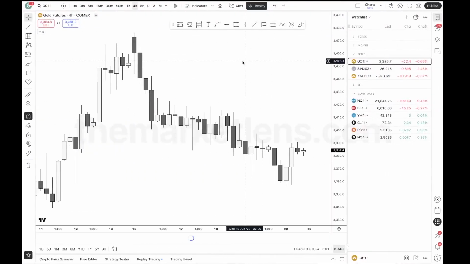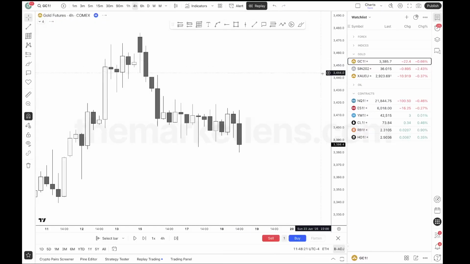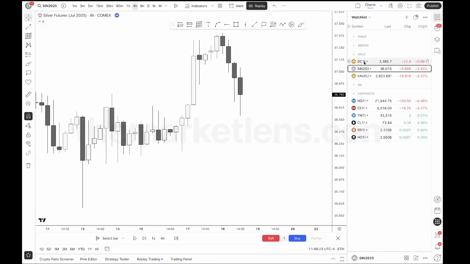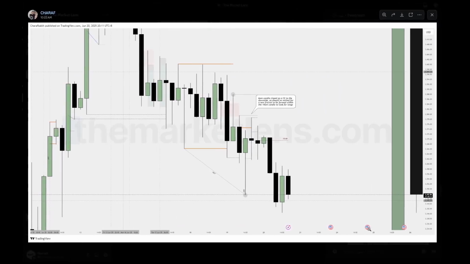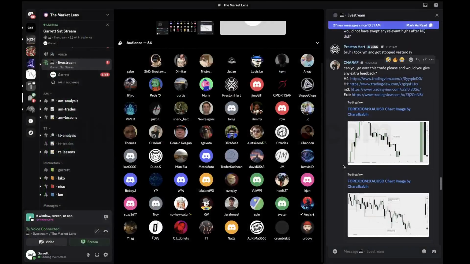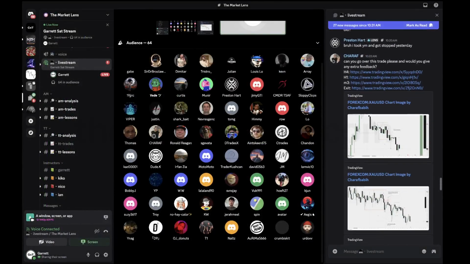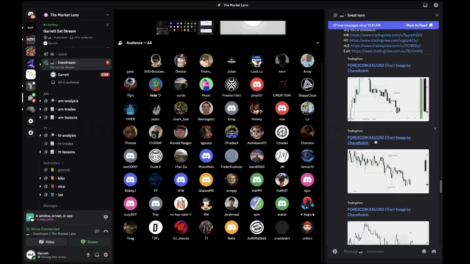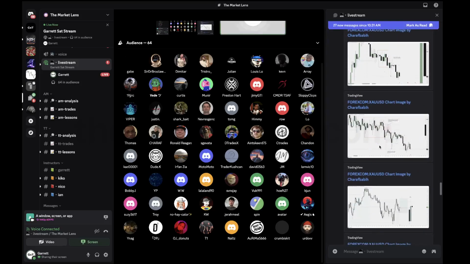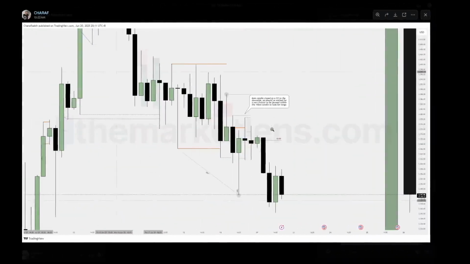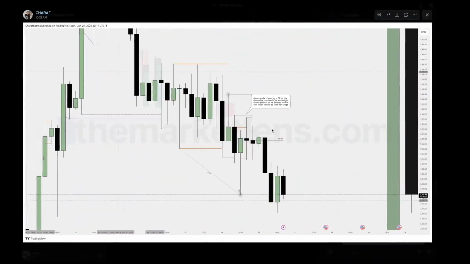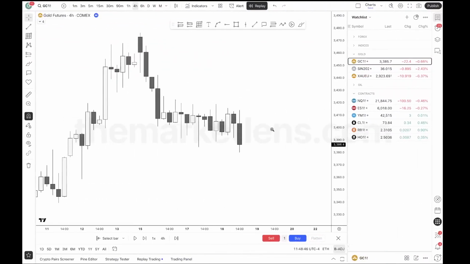Maybe this is silver. No, I have no idea, dude. I'm not gonna lie, I cannot find it. It doesn't say what asset this is. Unless I'm just blind. Oh, okay, it's gold. Okay, I see. I'm trying to find it though. This is futures though, so it might look a little bit different.